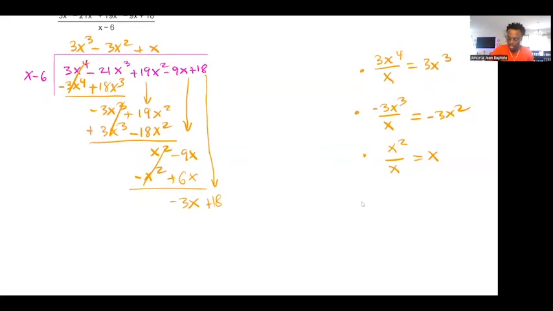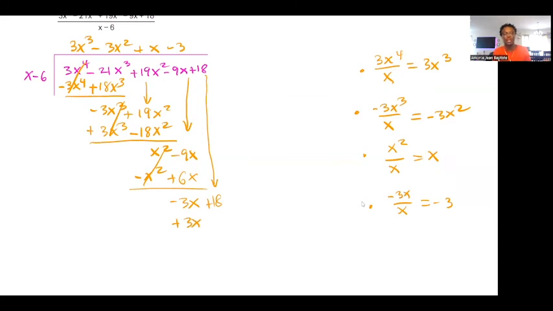And then to get the next number that goes in the quotient section, we take the negative 3x that you will divide by x, that's negative 3. And then negative 3 times x, negative 3x, that's plus 3x. We subtract it.